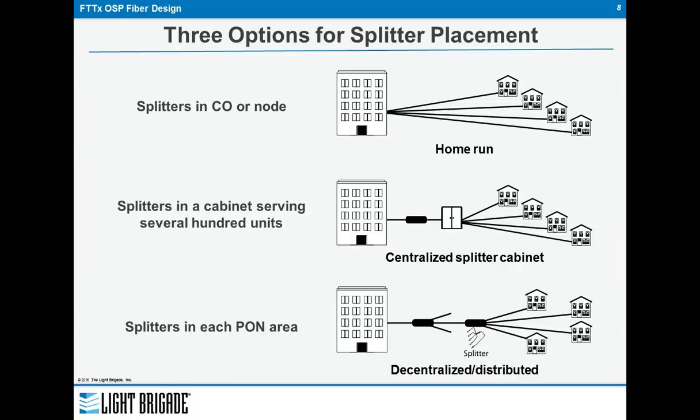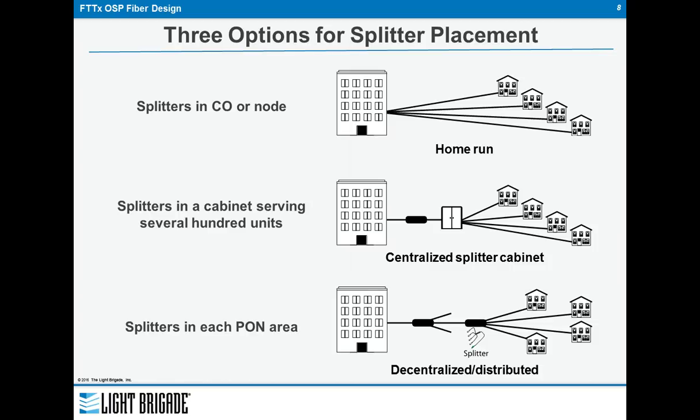It is identical in the outside plant when you compare it to active home run, because each individual user has a fiber that travels from the central office to the home or the desk. The economic advantage is, when you place your splitters in a location like this, you can grow incrementally, spend only capital cost on a transmitter and splitter as your customer base grows.